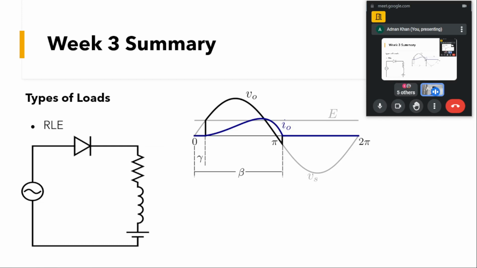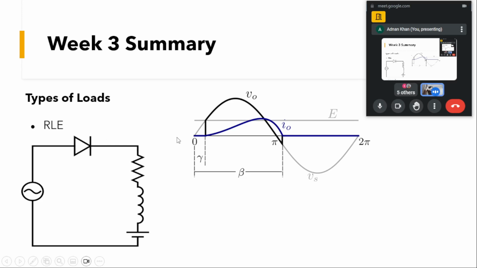Coming to the other kind of load, we have an RLE load. In this kind of load, you can see we have a battery at the load, or this can be a DC motor, where this will constitute the back EMF of that motor.